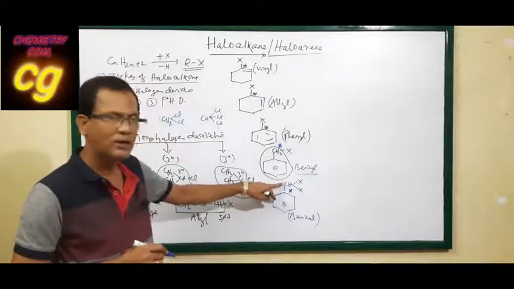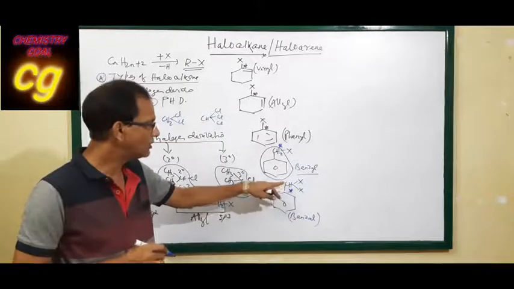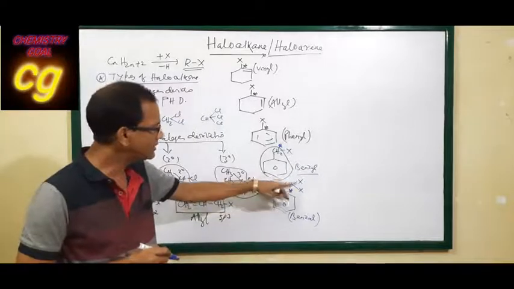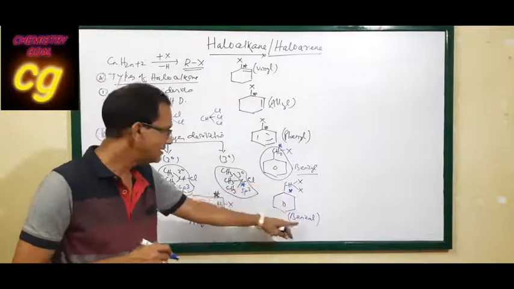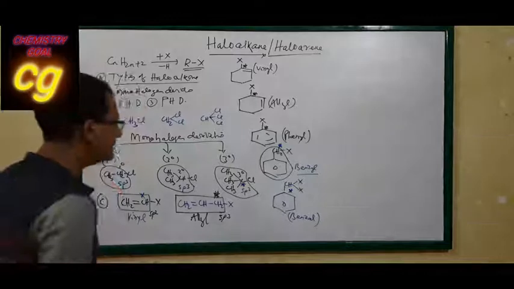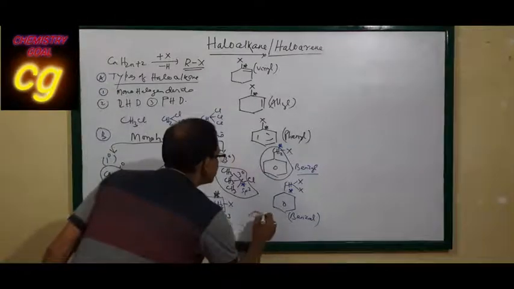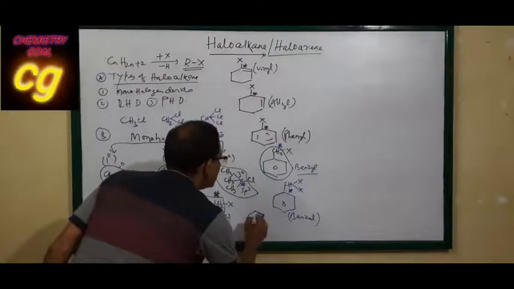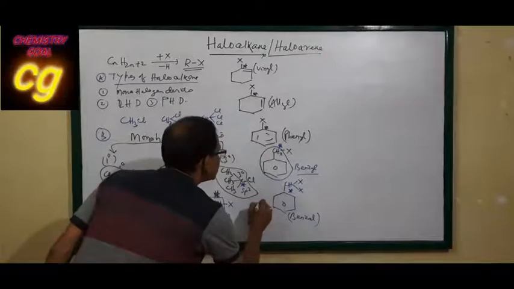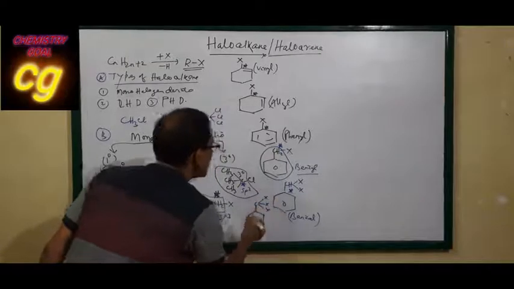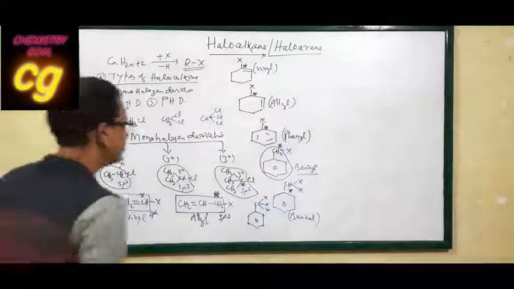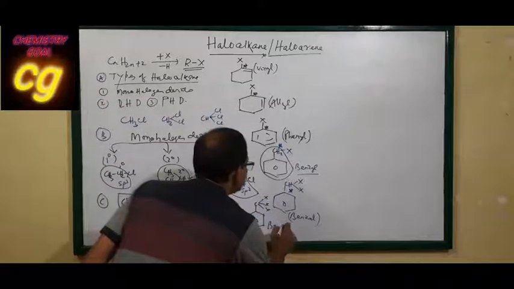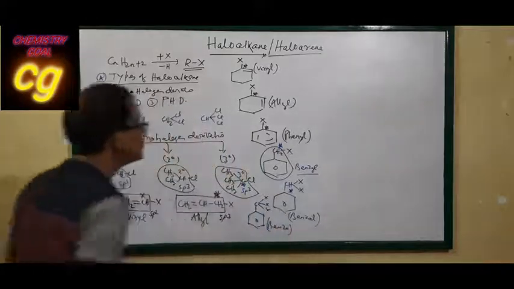The group attached to benzene. When the carbon attached to benzene has two halogens directly attached, this is called benzal. And when it is attached to 3 X, this is called benzo. This group is called benzo.